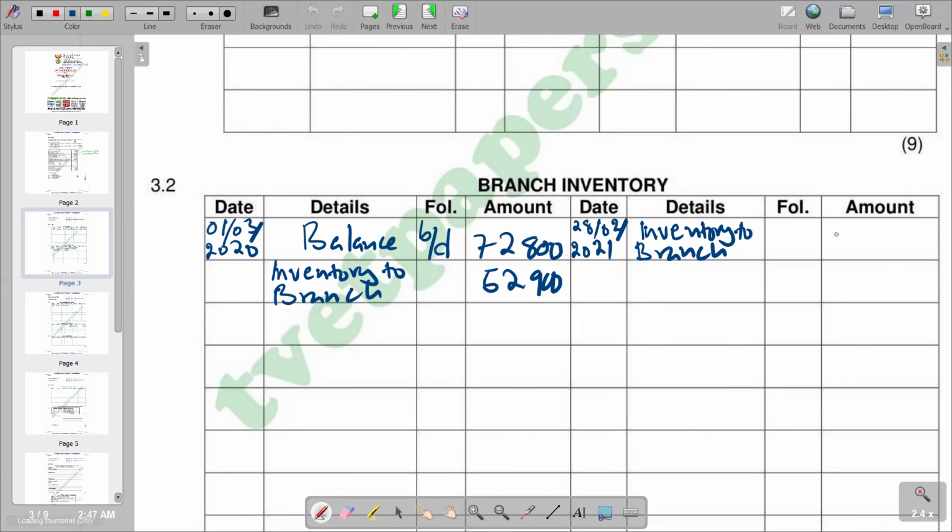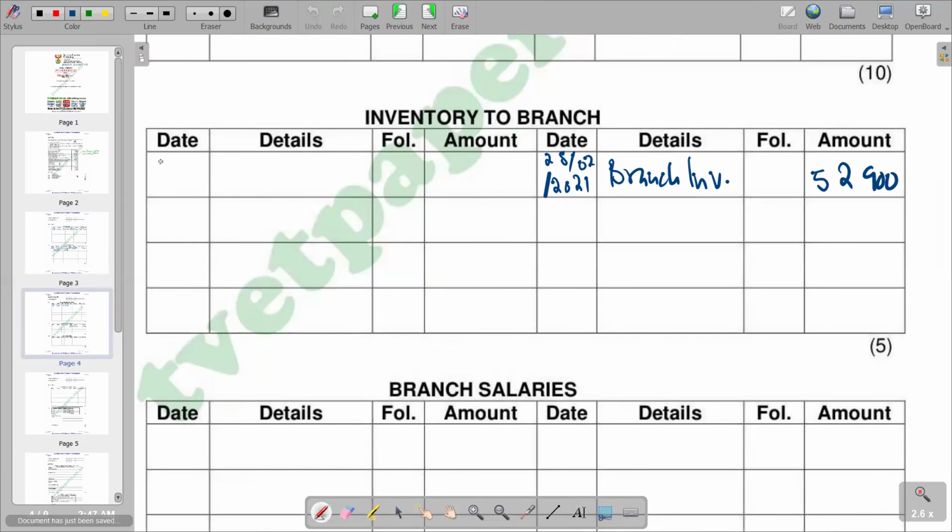So we come in, see that the amount that we have is inventory to branch. Come here, remember our date is also at the end, 28/02/2021. And this is coming from branch inventory. And the amount that we have is 5,000.